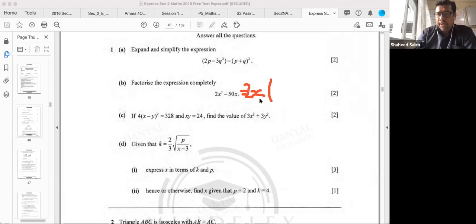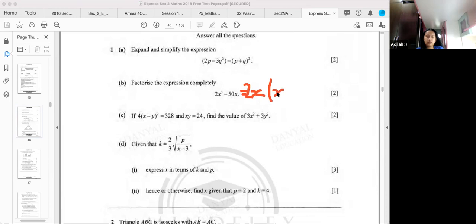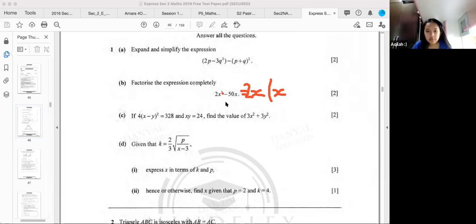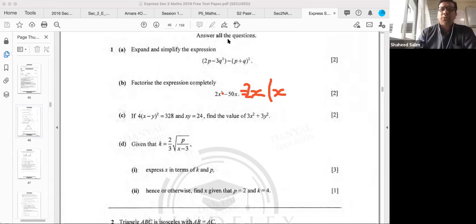So x times what gives you x cubed? x squared. No, x times x is x squared. This is an x cubed, you know. Can you see it? x cubed. Oh, no, I couldn't see. Sorry. Okay, never mind.